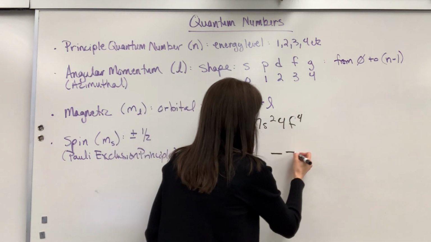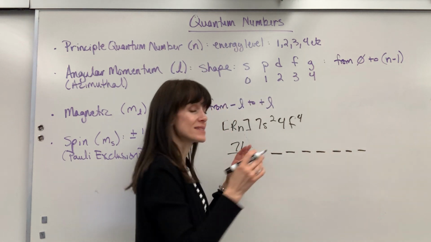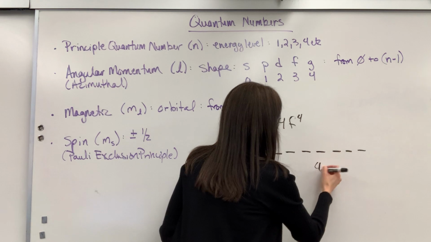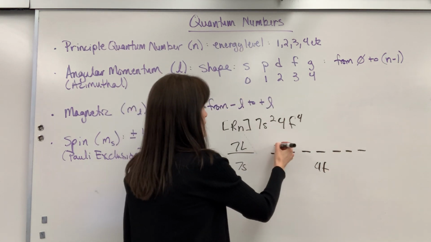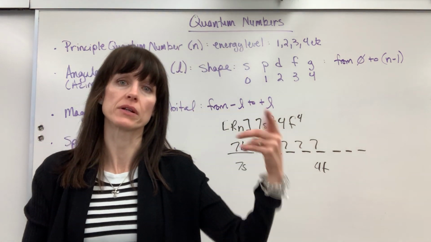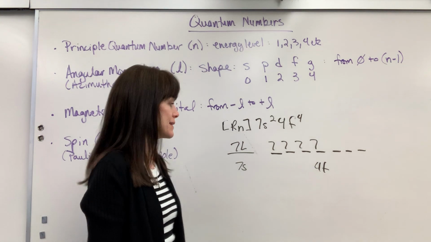F has 1, 2, 3, 4, 5, 6, 7 orbitals because it fits 14 electrons. So here's my 4f, and we have 4 electrons. Again, using Hund's rule, we put one electron in each orbital. After they're all filled, then we go back and double up just because of stability.